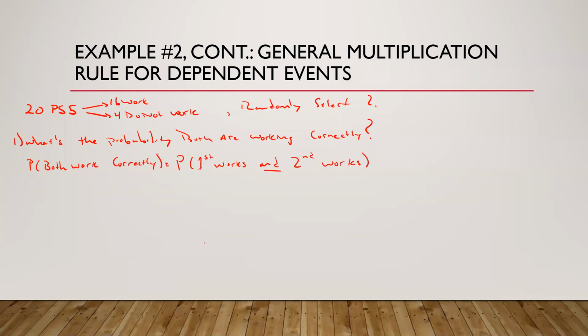So now you just have to ask yourself this: are they independent or dependent events? If I select a working one first, will it change the probability I get another working one? No. Well, if I take a working one out of the 16, oh yeah, it's going to change. Yeah, they're dependent events.